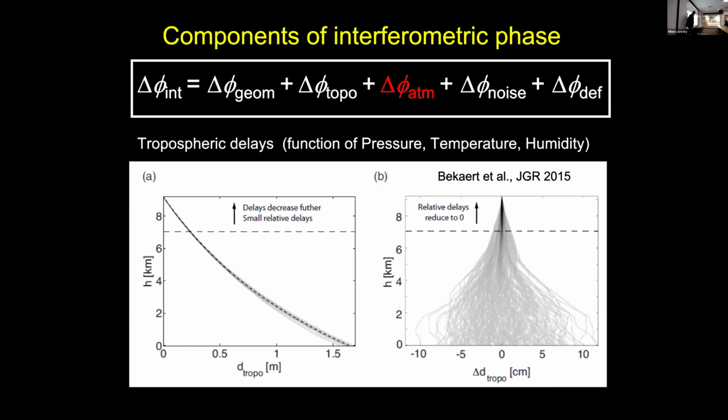If you look at the average here, most of the delays in the radar between an elevation of about 9 kilometers and the surface, you've got about 1.6, 1.7 meters of delay in pretty much all of those, and they look very consistent when you look at it like that. If you look instead at the differences between any of those different balloon measurements, what you get is this.